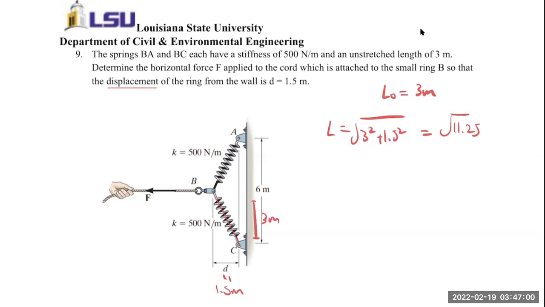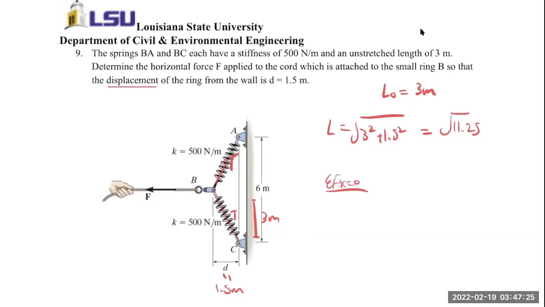Since I want to find out my F, and that's directly along the x component, I'm going to do the summation of forces in the x direction first. I have, let's call this T, and this is T as well. Those T's are going to have the same value because all their parameters are the same, so I'm going to say it's 2T.